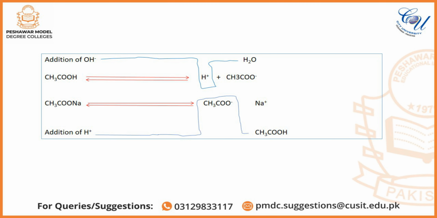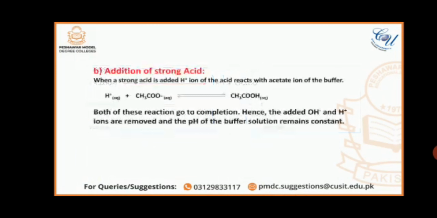So by adding a strong base, the hydroxide ion combines with hydrogen ion to form water, so the acetic acid will decompose and restore the pH by producing hydrogen ion. Addition of strong acid.